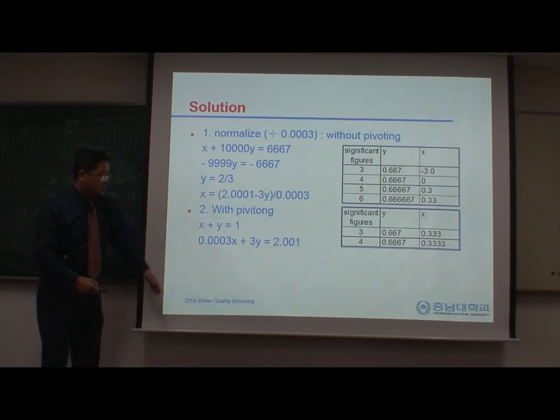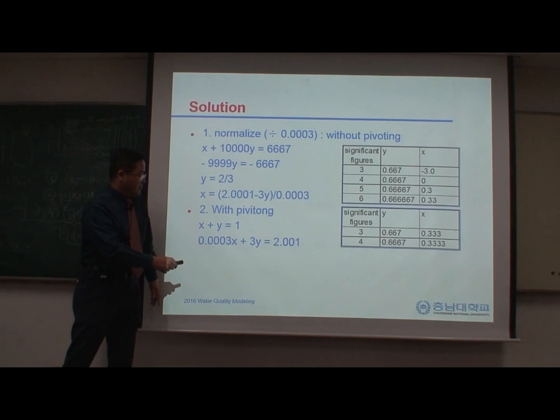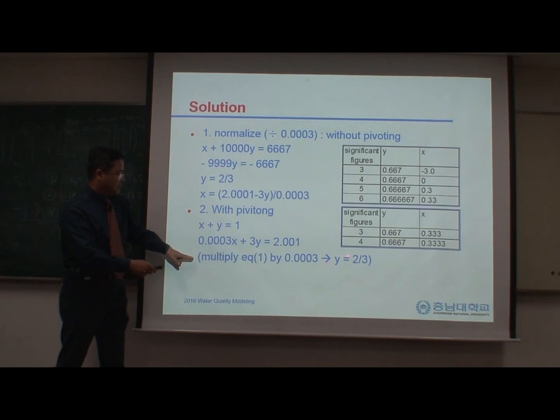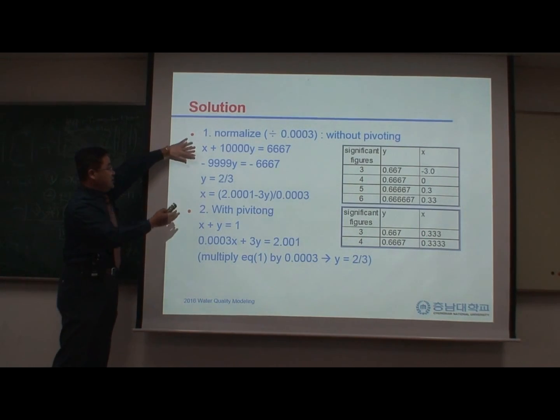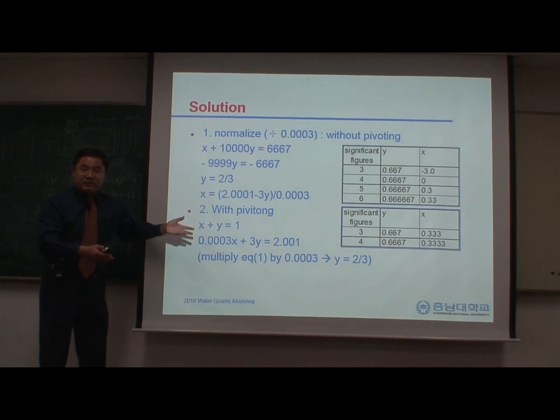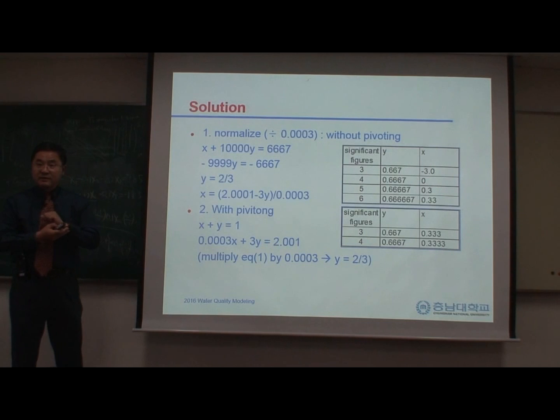Then solve the equation. Even though in this case I have the same y, if we substitute back in here, then we could get 1/3 for the x value. So changing the order makes a lot of difference for the answers of x.